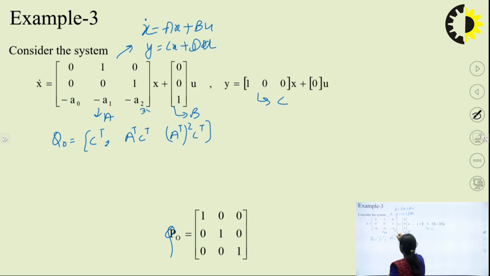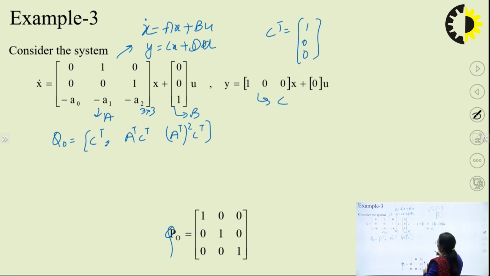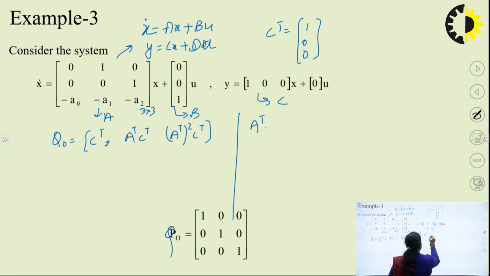As this is of order 3, from here we have n minus 1, that means A transpose square into C transpose. So C transpose, this is C, so C transpose will be 1 0 0, right? Now A transpose into C transpose can be calculated as here.